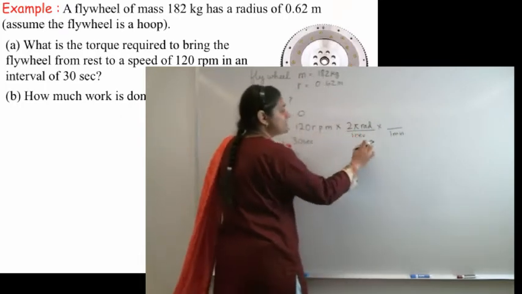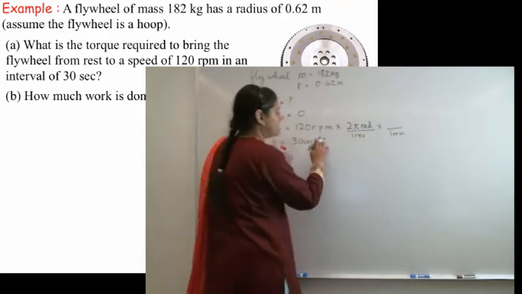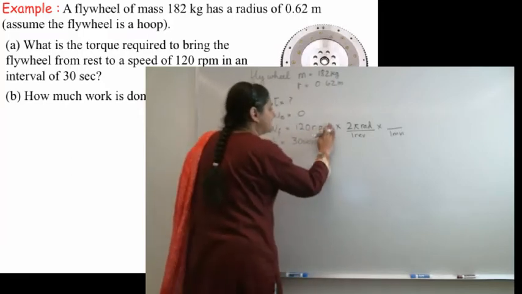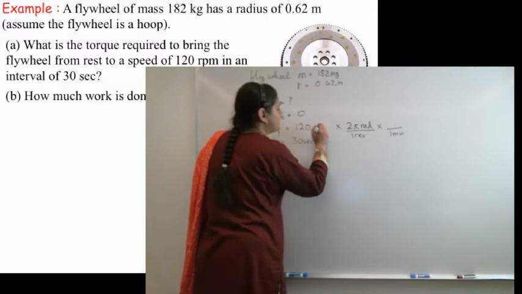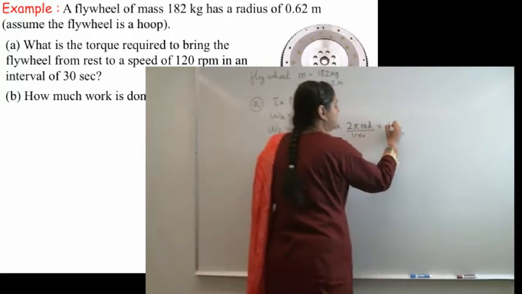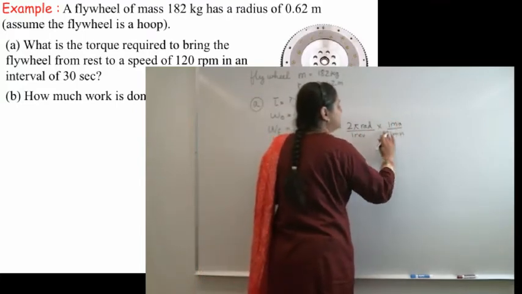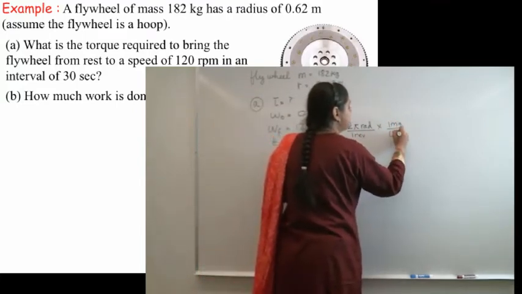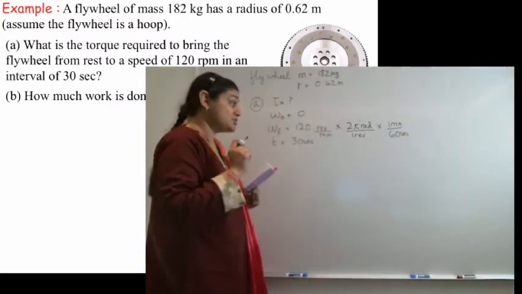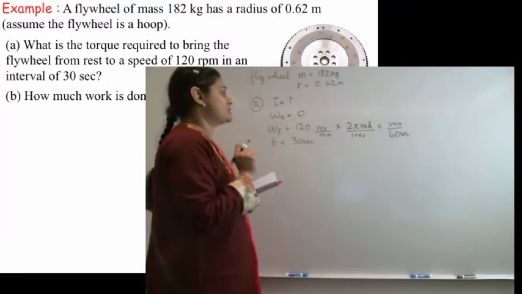So recognize what I just did was wrong. It's revolutions per minute, so in other words, I have to write this as revolutions per minute. This means my 1 minute has to come on the top because I need to get rid of it, so this is going to be 60 seconds. These are the kind of mistakes that everybody makes, so just be very careful and cautious when you do that.